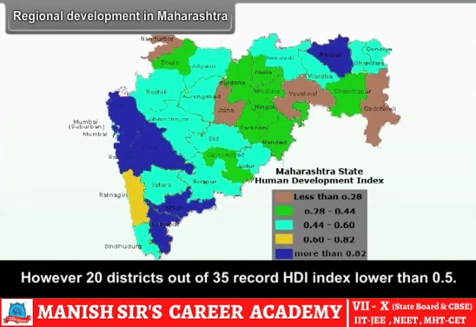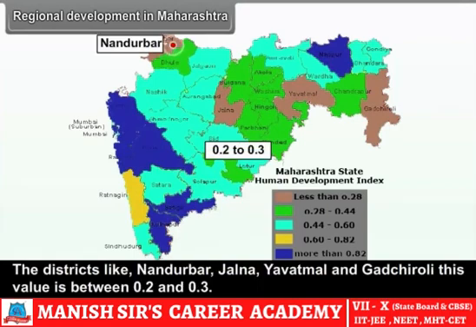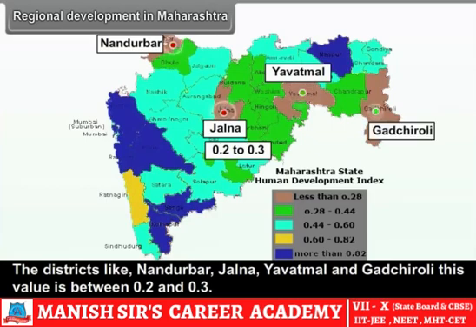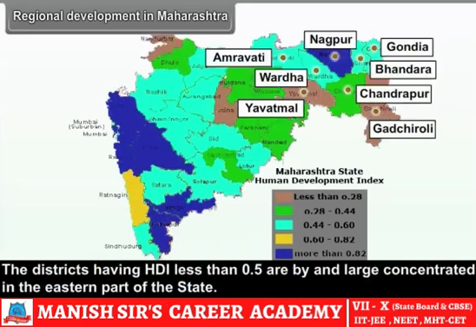However, 20 districts out of 35 record HDI lower than 0.5. For districts like Nandurbar, Jalna, Yavatmal and Gadchiroli, this value is between 0.2 and 0.3.